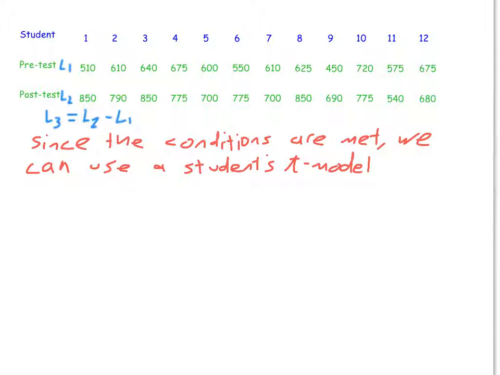The number of degrees of freedom is the number of pairs minus 1. So we have 12 students, so there are 11 degrees of freedom.